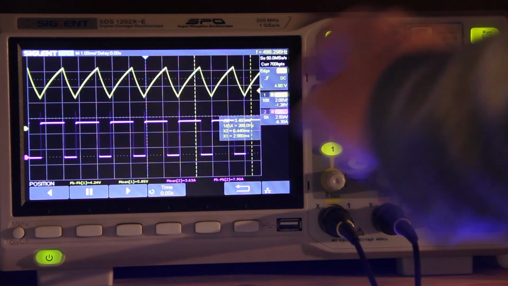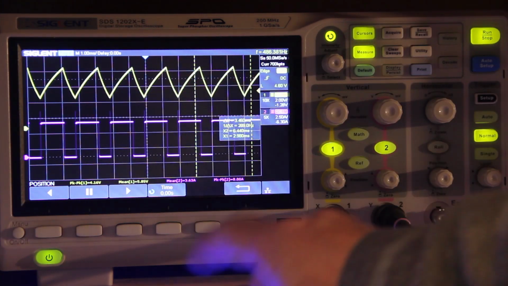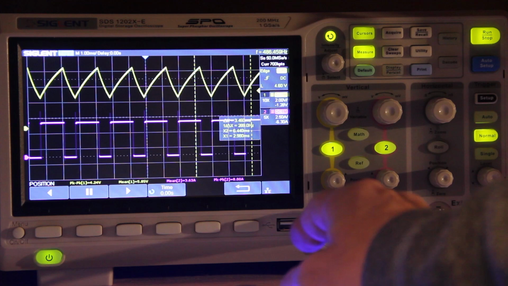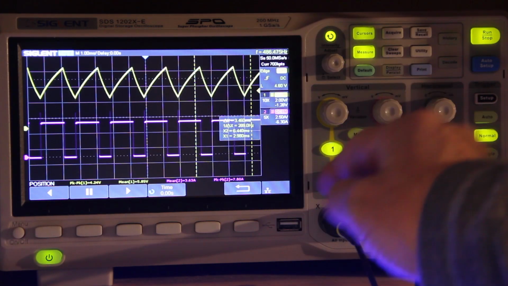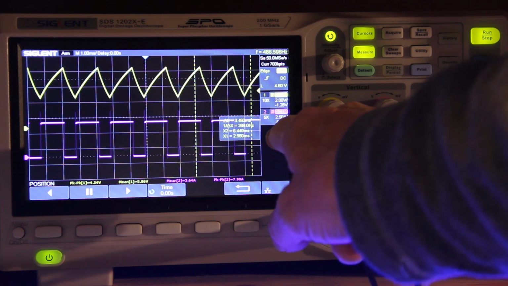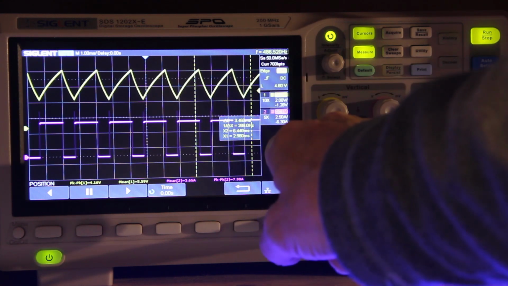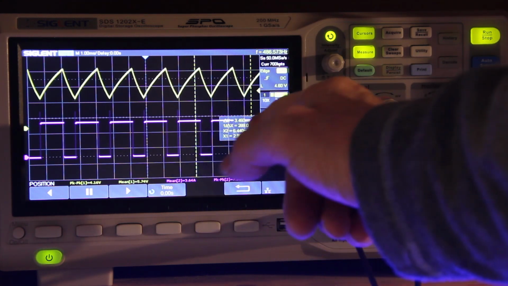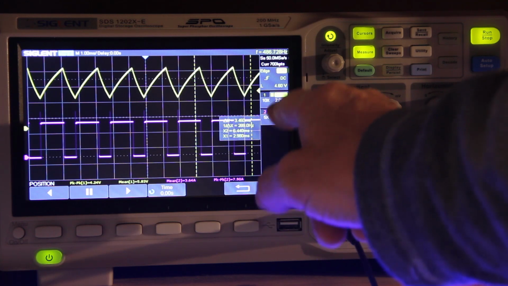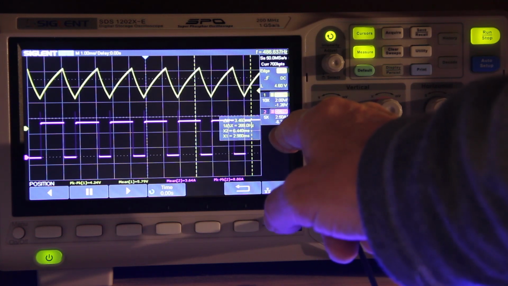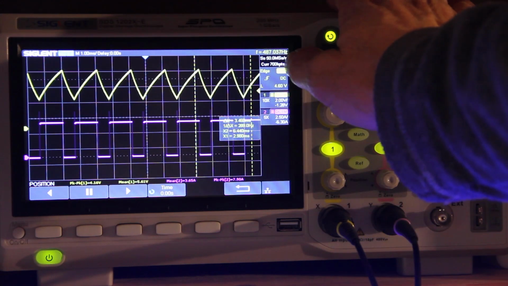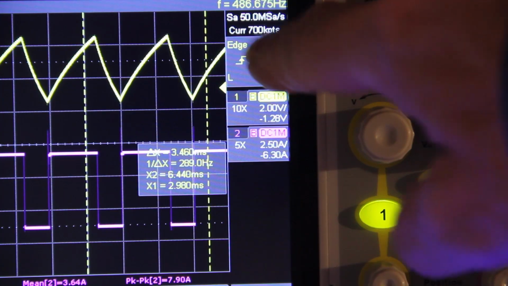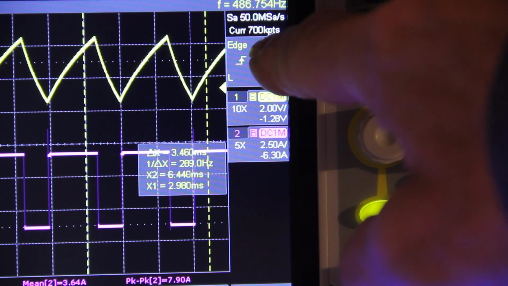And here we are seeing the same waveform that we've seen on the analog oscilloscope. Here we have the digital oscilloscope, and in this case on screen we have a lot of information that makes our life easier. An important piece of information that is different from the analog oscilloscope is here, which is the sample rate.